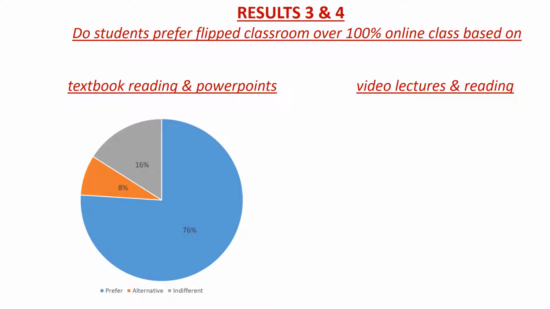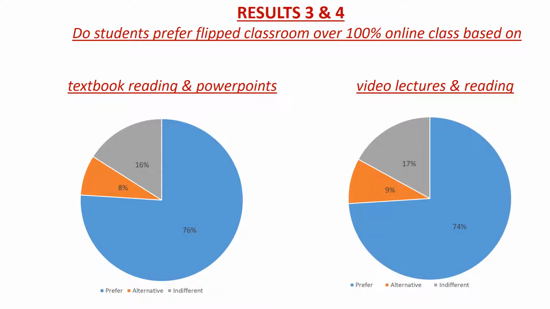The next question I ask is, do students prefer flipped classroom over 100% online one based on textbook reading, and what we find is 76% of the students prefer flipped classroom over 100% online class based on textbook reading and PowerPoints. Then how about flipped classroom over 100% online class based on video lectures and reading?